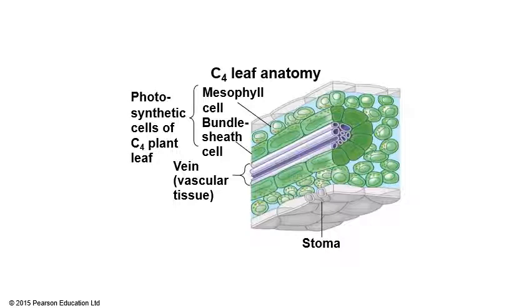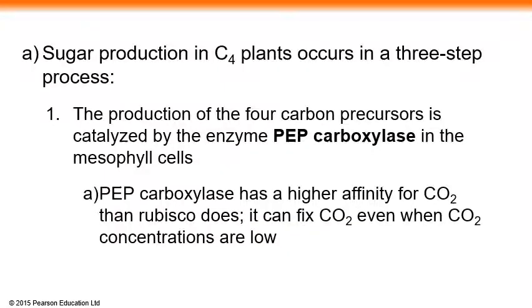That's the typical anatomy. And in the mesophyll cell chloroplasts, we cannot find the abundant enzyme Rubisco. Instead of Rubisco, we can find some other enzyme. That's the C4 pathway.